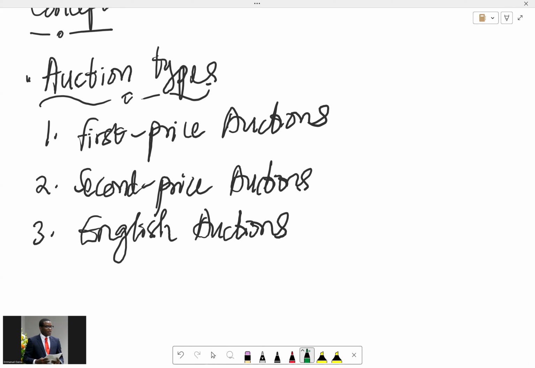So our focus in this situation is going to be on second price auctions.